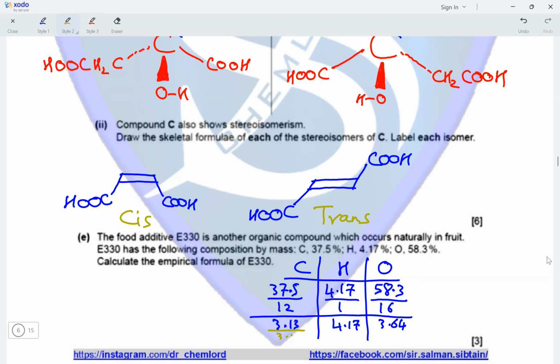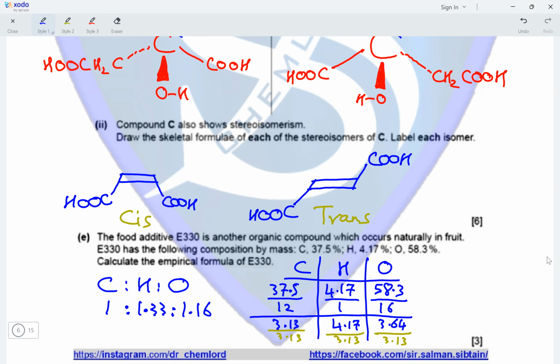So this would give us a carbon to hydrogen to oxygen ratio of 1 to 1.33 to 1.16.